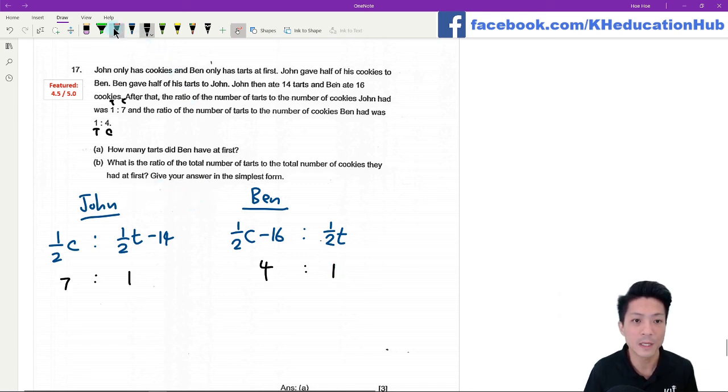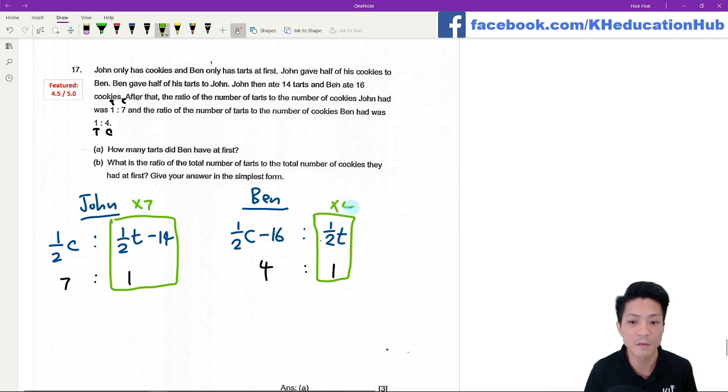Okay, now if you want to make a comparison between the equations, we need to make them the same, which means that I need to multiply by 7 to this, and I need to multiply by 4 to this.